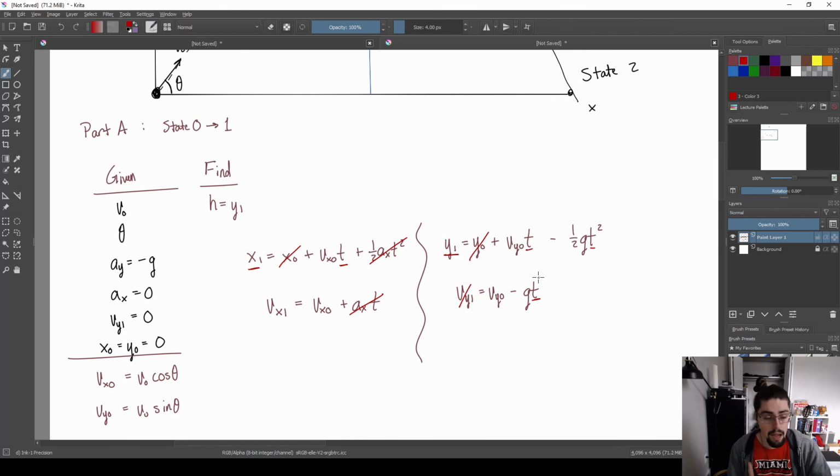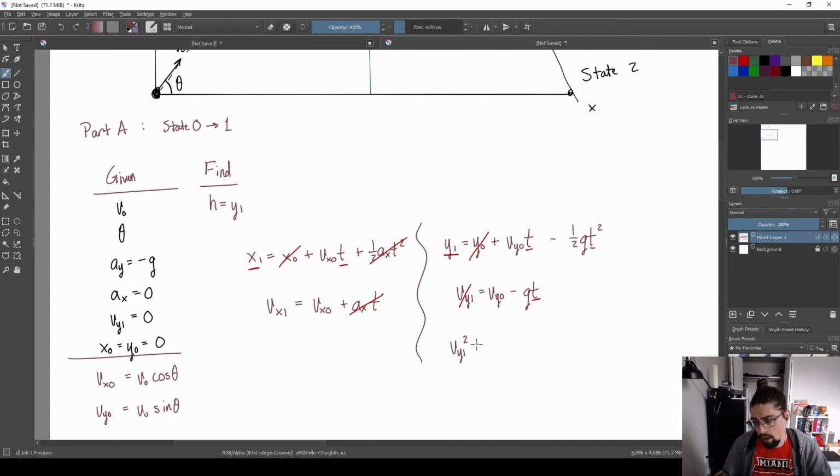I see a path to the end of my problem. If I solve out my equation right here for t, I move up to the next step, I plug in t, I find y1. That would work. But I'm lazy. And if I'm trying to be as lazy as possible, let me just see what else we can come up with here. Let me try one more equation.